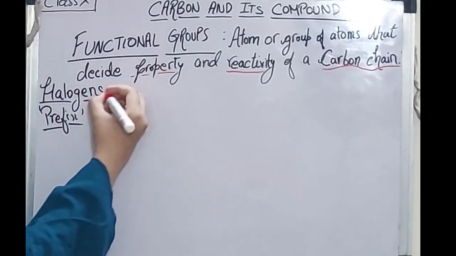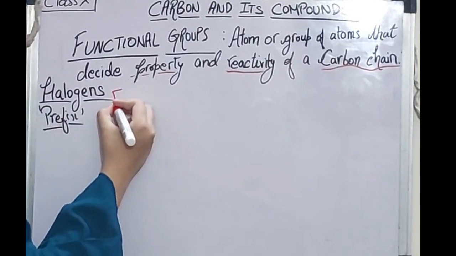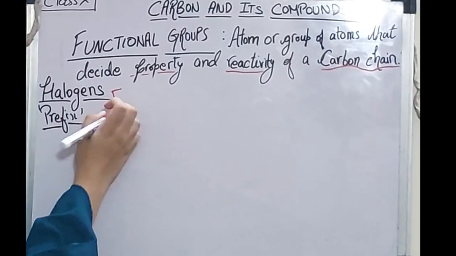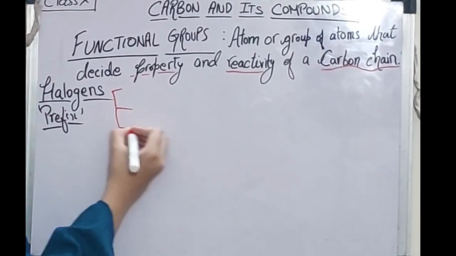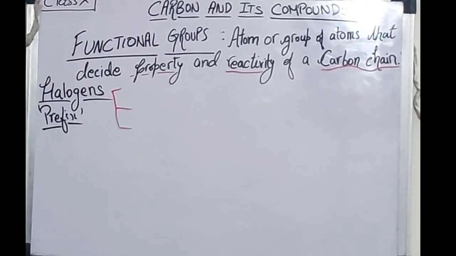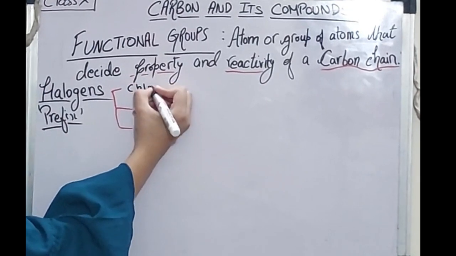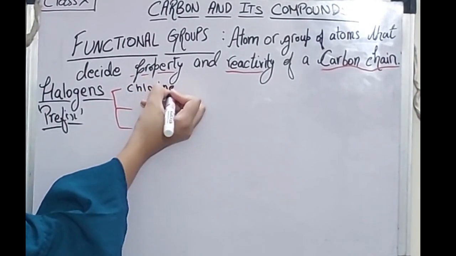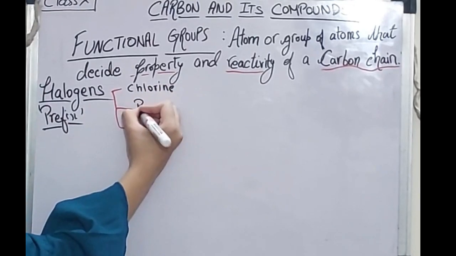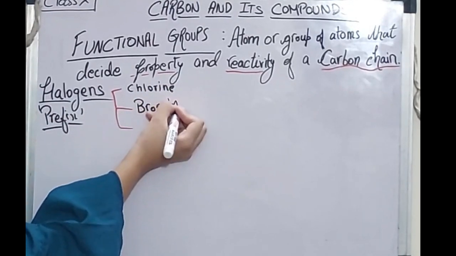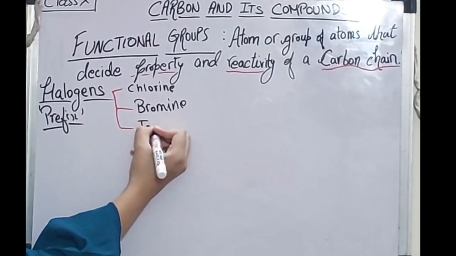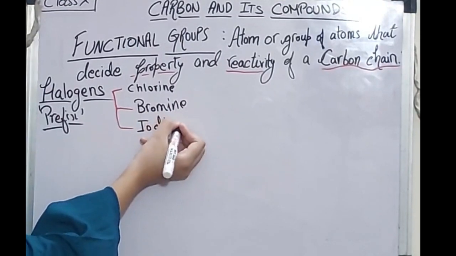Starting with halogen. Halogens are also of many types. Like what? It can be chlorine, it can be bromine, it can be iodine, and so many.